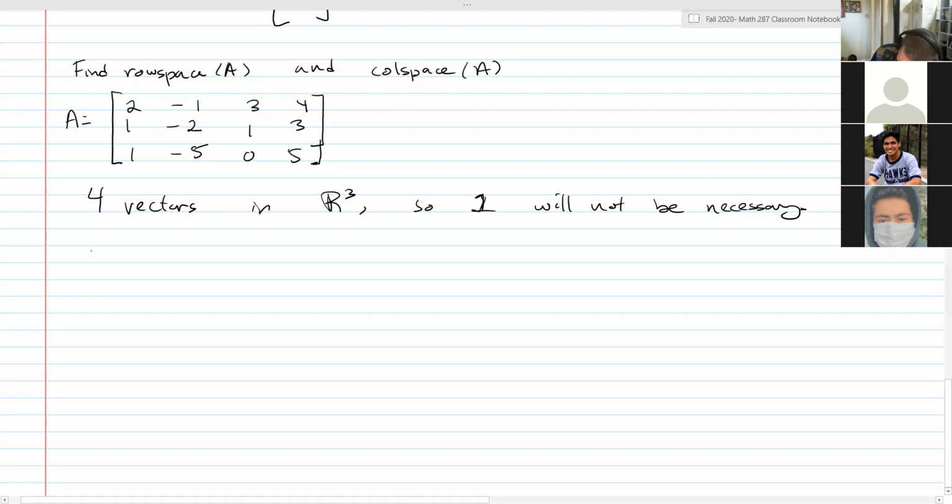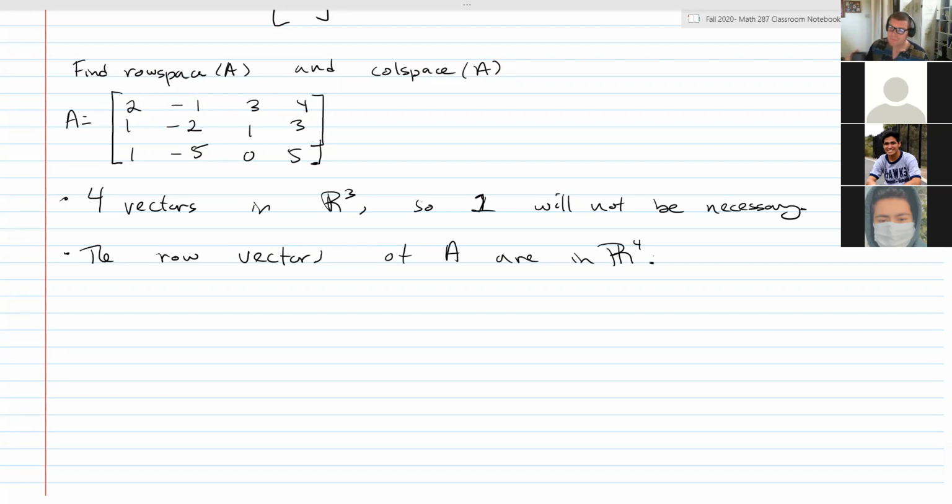In addition, notice the row vectors of A. The row vectors of A are in R4. Interesting. So in the last example that we had, the column vectors were in R3 and the row vectors were in R3. But in this case, the column vectors are in R3 and the row vectors are in R4.